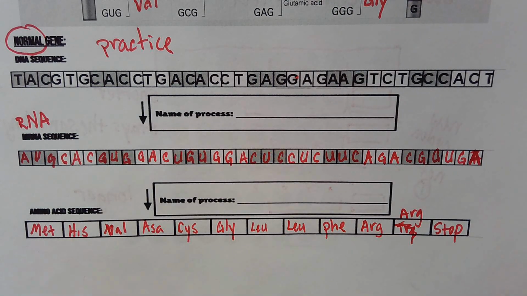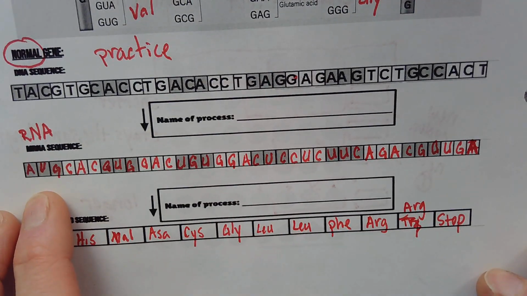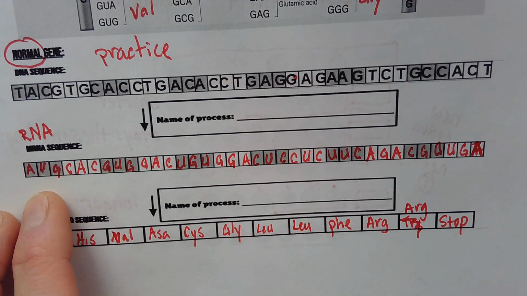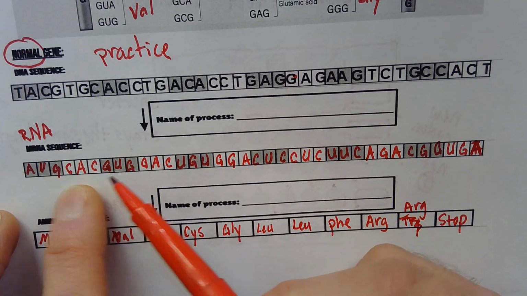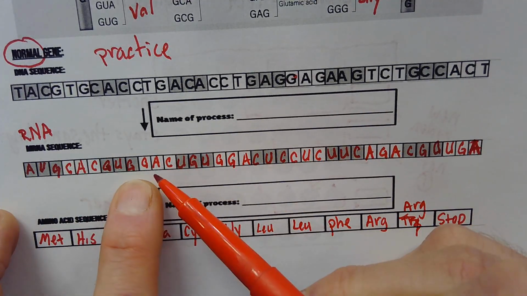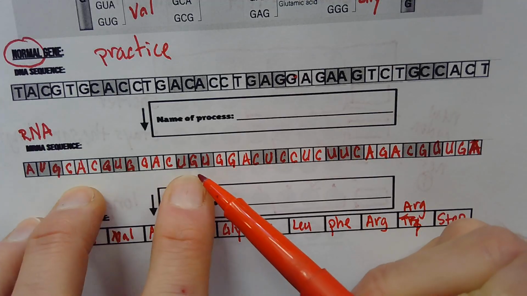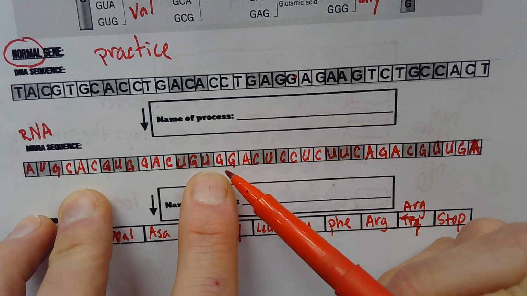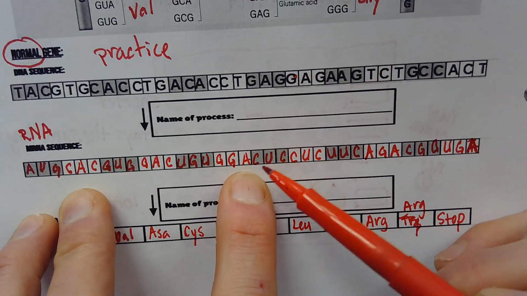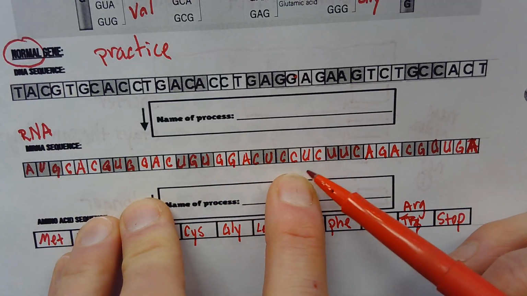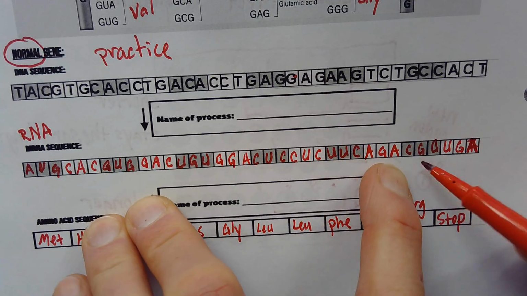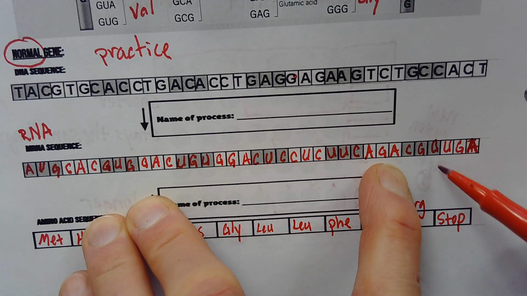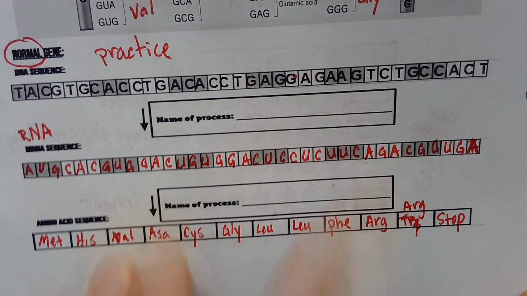So I'm just going to read across if you want to look at yours. I feel like I'm reading bingo. AUG, CAC, GUG, GAC, UGU, GGA, CUC, CUC, UUC, AGA, CGG, UGA.